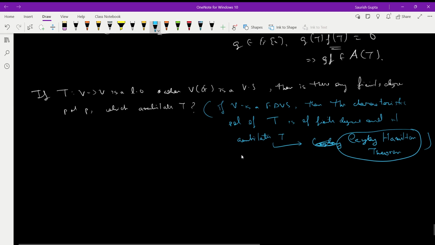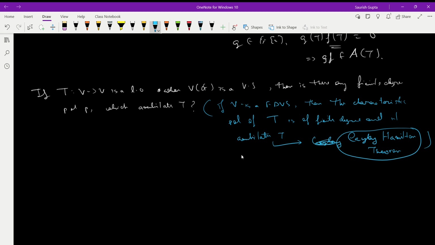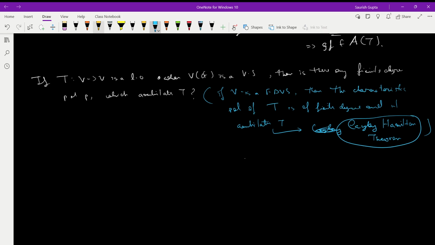We will prove this later. A very important theorem in matrix theory. Clear? So indeed, if V is a finite dimensional vector space, then we have a finite degree polynomial which annihilates the linear operator defined on that vector space. Clear?